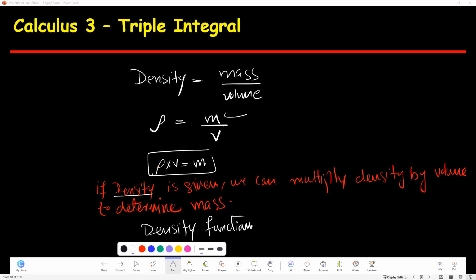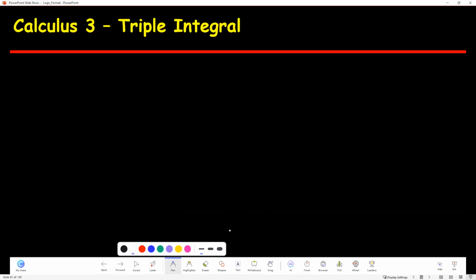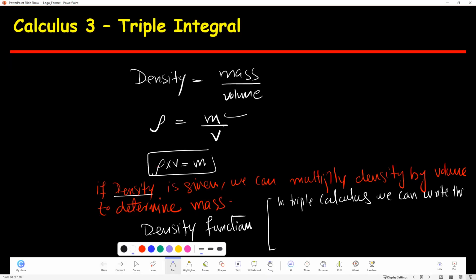So what are we going to do? A density function means, in triple integral calculus, we can write this whole function like this.